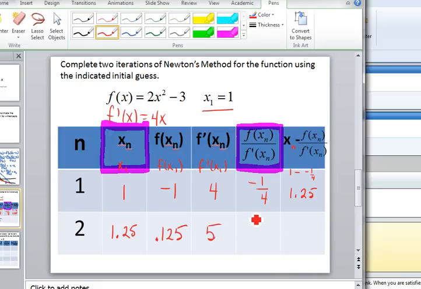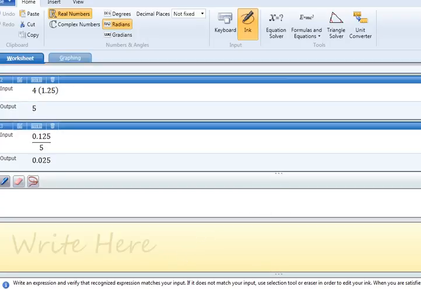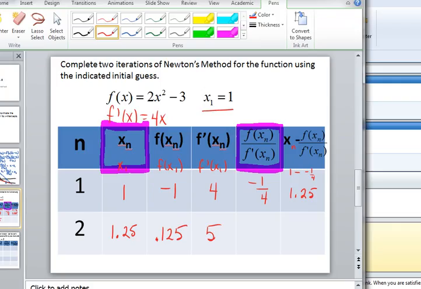So I'll write 5 here. Now I'm going to divide those two values. So I'll come back here, 0.125 divided by 5 gives me the answer of 0.025. So I'll write 0.025 here.